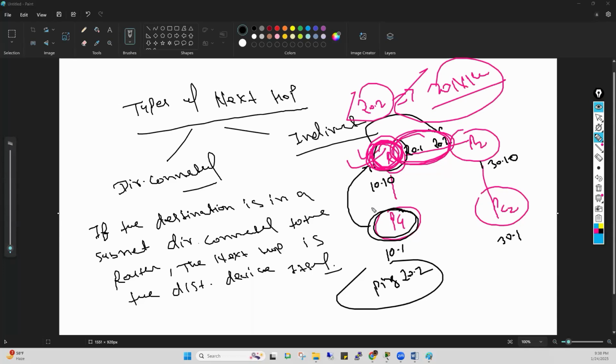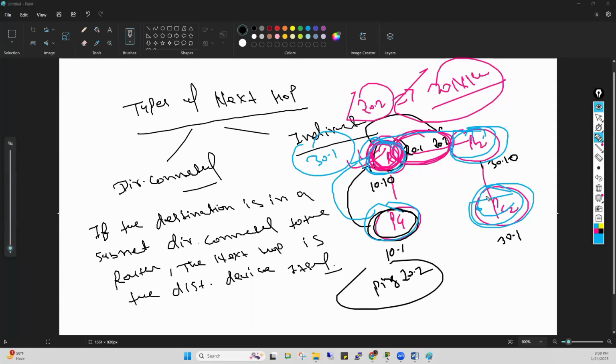But try to understand, if you want to ping from here to here, the packet will reach here. If you want to ping PC number 2, for this router the destination is 30.1. But this router doesn't know what 30.1 is. So this router needs to forward the packet towards router number 2. So that router is the next hop, because 30.1 is not directly connected, it is indirectly connected. So basically there are two types of next hop.